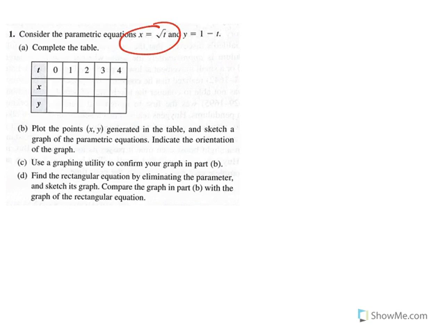It's because of the parametric equation for x, which is x is equal to the square root of t. And we know that we cannot take the square root of a negative number using real numbers. So for that reason, the parameter t has to be non-negative. So t is restricted to be either 0 or positive because of the parametric equation for x.